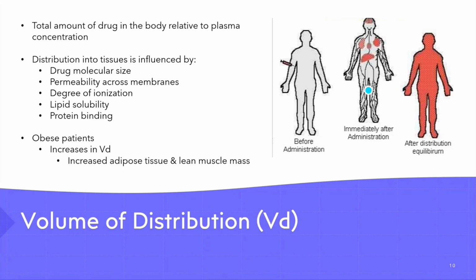So when you couple that in obese patients, potentially even with poor peripheral perfusion, sometimes antibiotics will actually have lower concentrations in the tissues because of those factors.